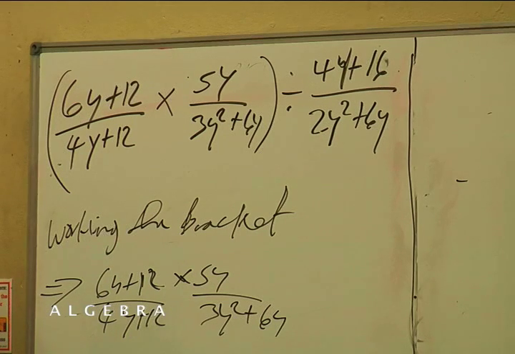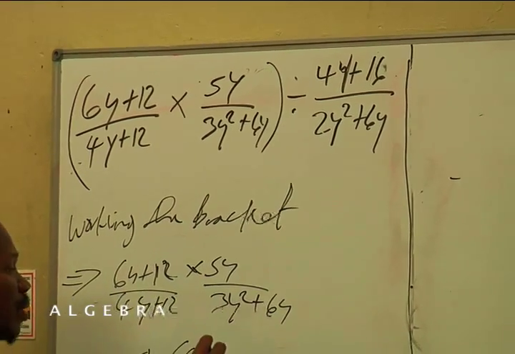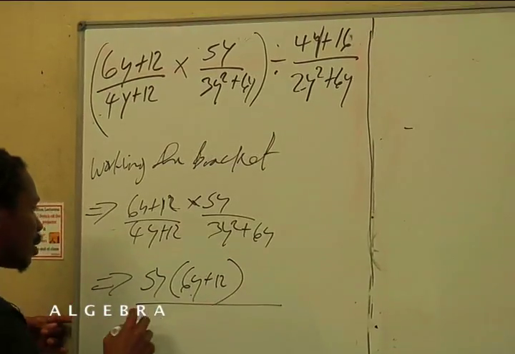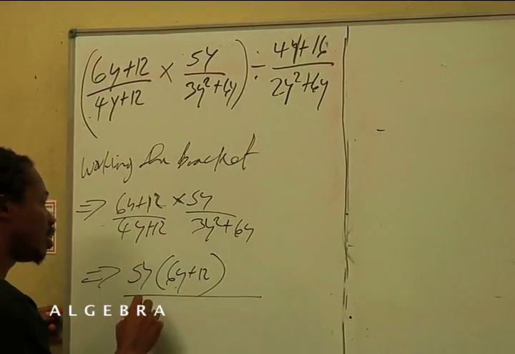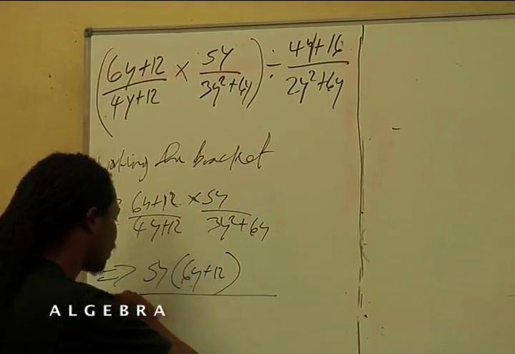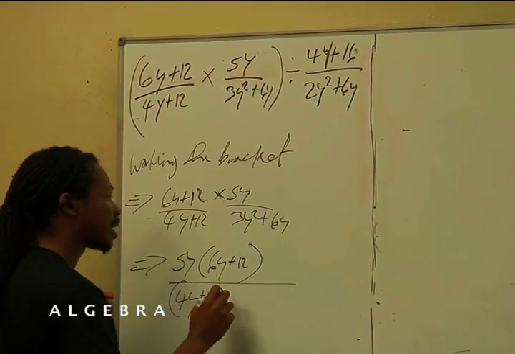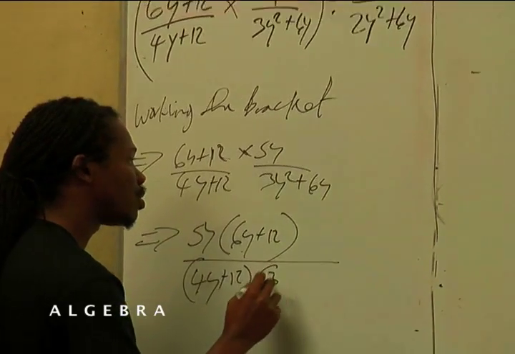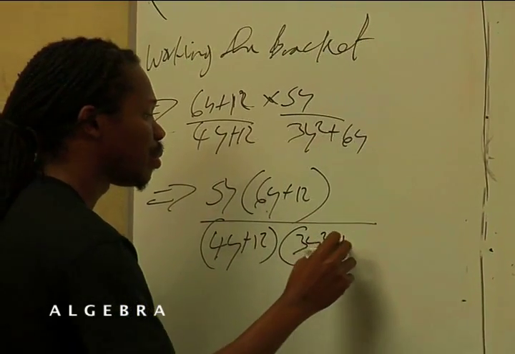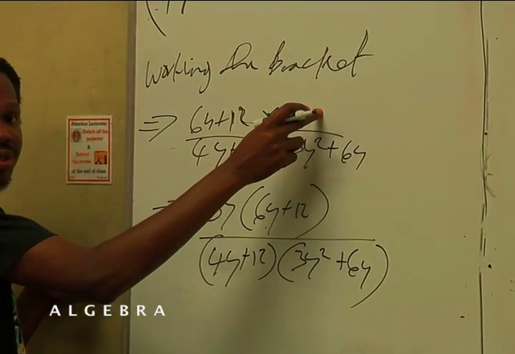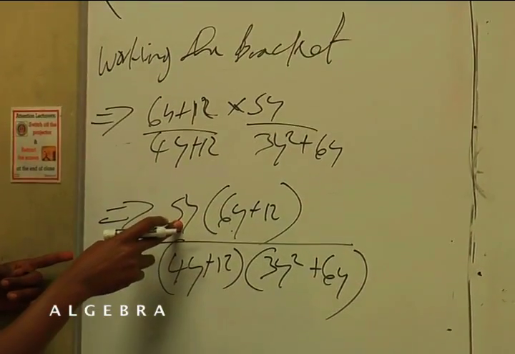This implies 5y bracket 6y plus 12, over 4y plus 12 bracket 3y squared plus 6y. Now if you realize the 5y was over here, so I carry it to the front.